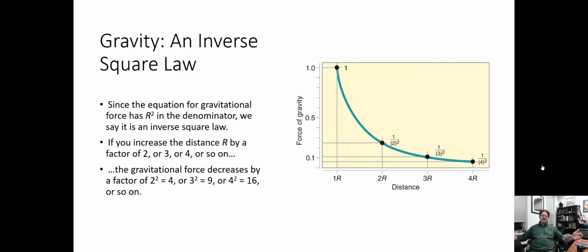If you were to triple the distance, the force decreases by a ninth, and so forth. And commensurately, if you were to halve the distance, then the force of gravity increases by 4. And if you were to third the distance, the force of gravity goes up by a ninth, and onward and onward.